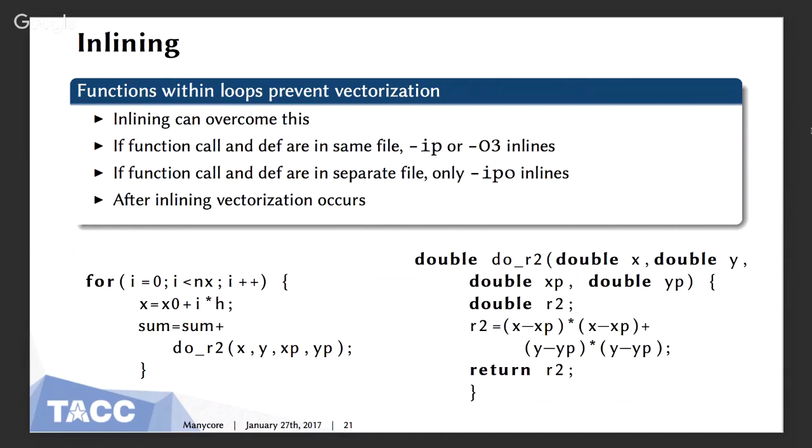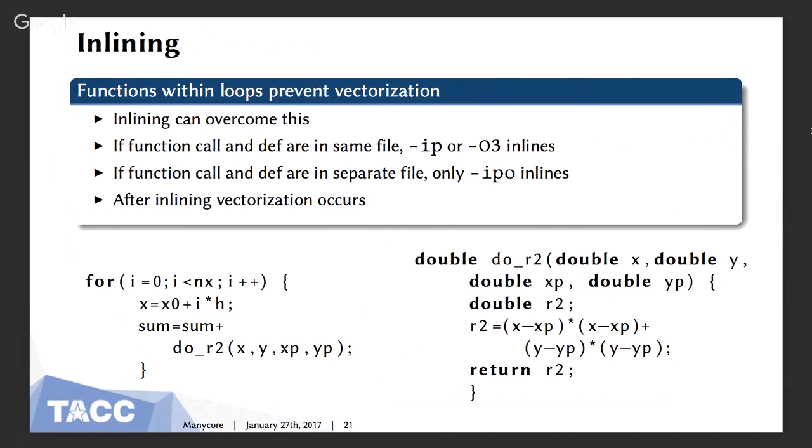Now you can overcome this using inlining. So if a function call and its definition are in the same file, you can use the flag in Intel -ip or -O3, the last level, or the highest level optimization. It'll give you in-file, same-file inlining.